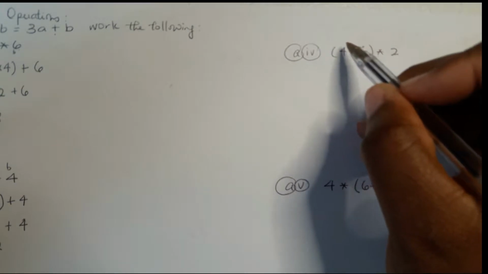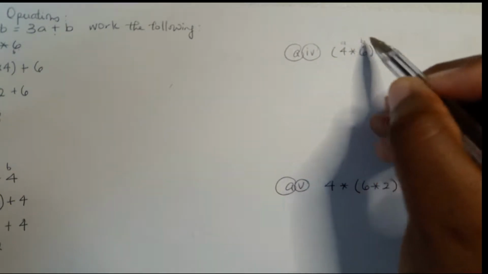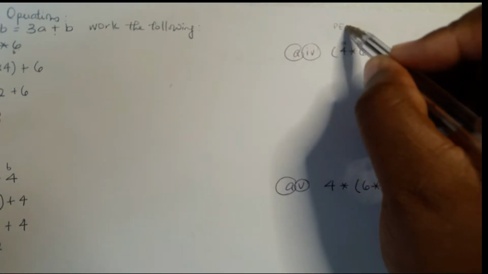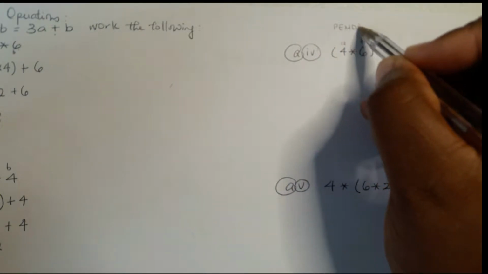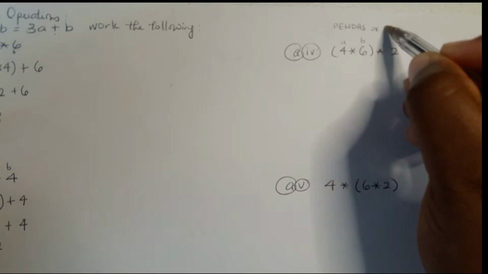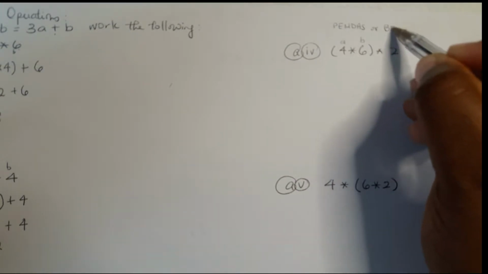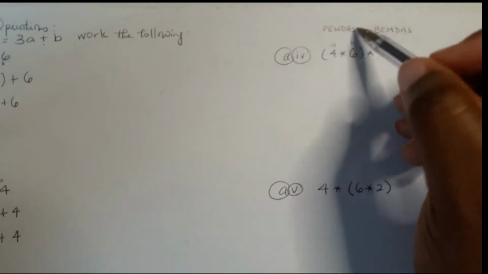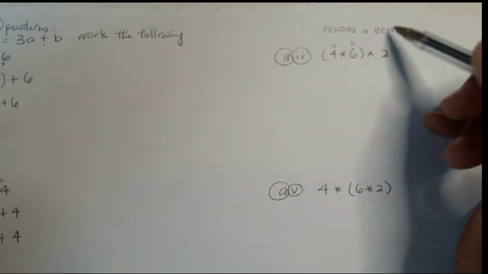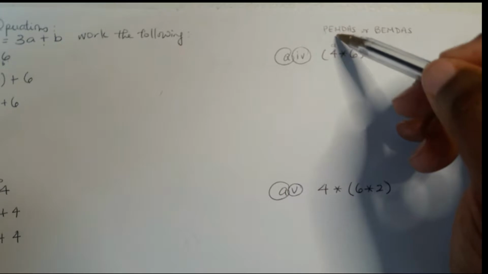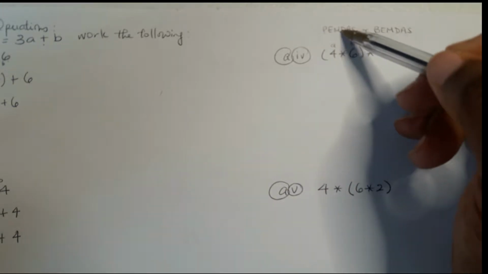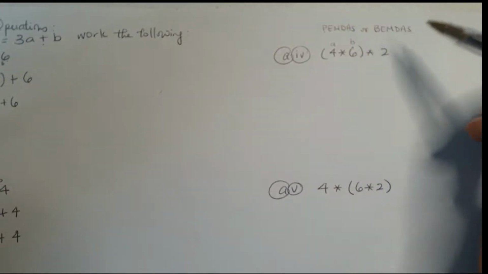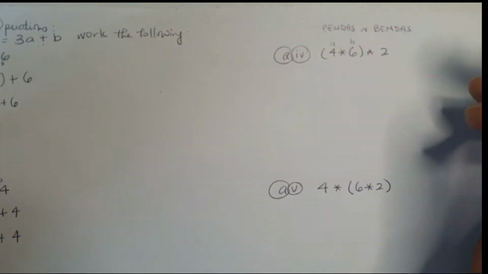So this in the beginning will be our A and our B. Let's work out in here first, because remember, we have PEMDAS, or some people know it as BEMDAS. And that's just the order of operations. So PEM, parentheses, B stands for brackets, E is exponents, M multiplication, D division, A addition, S subtraction. Same order, just the P and the B are different.